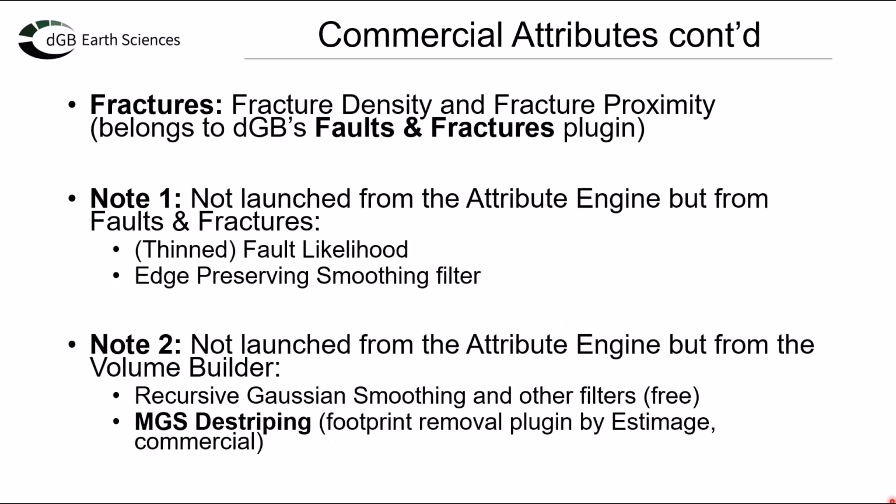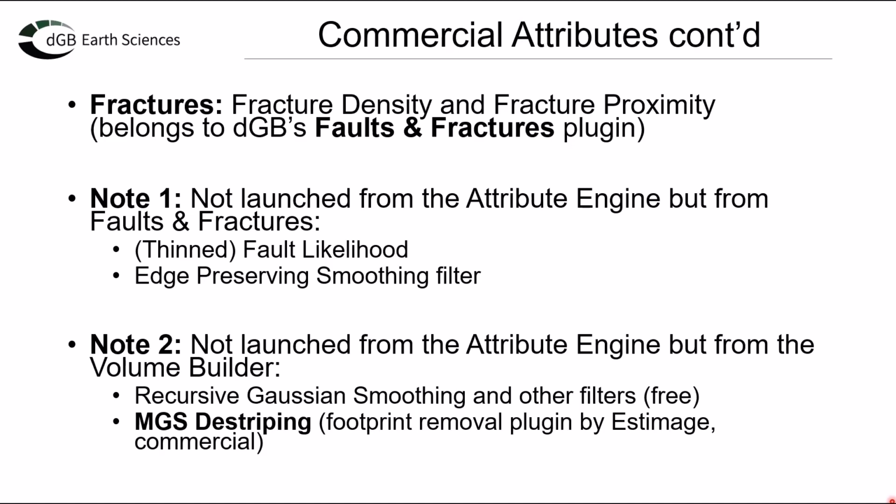Also, some of our faults and fractures plugin attributes are found under the Attribute Engine, amongst others the fracture density and fracture proximity. But if you are looking for the thin fault likelihood or the fault likelihood, one of the main attributes from faults and fractures, you will not find it in the Attribute Engine. You really have to start up the faults and fractures control center.